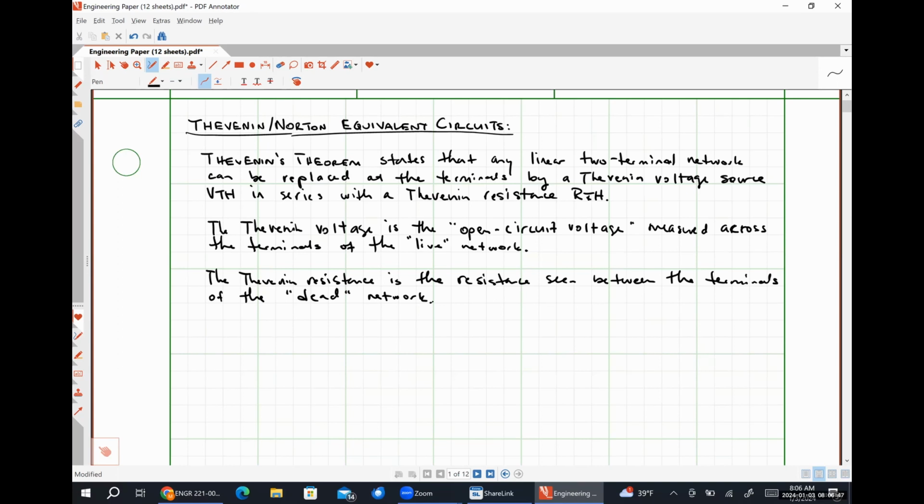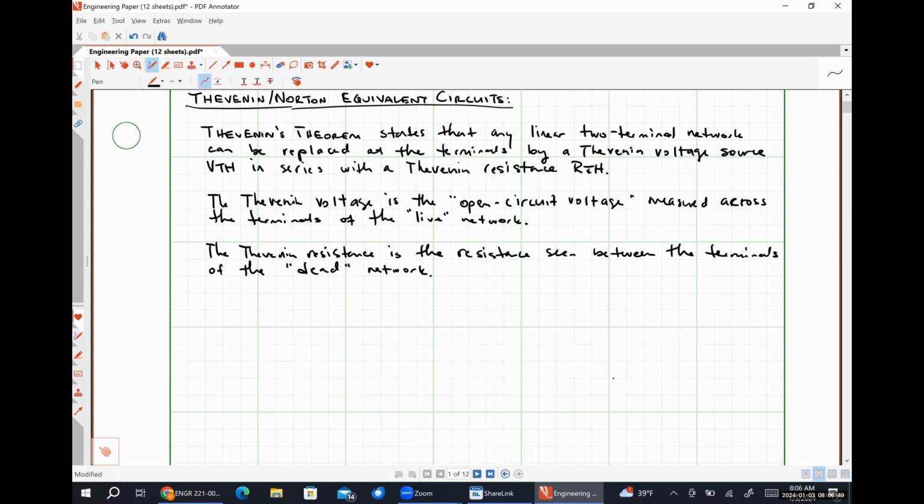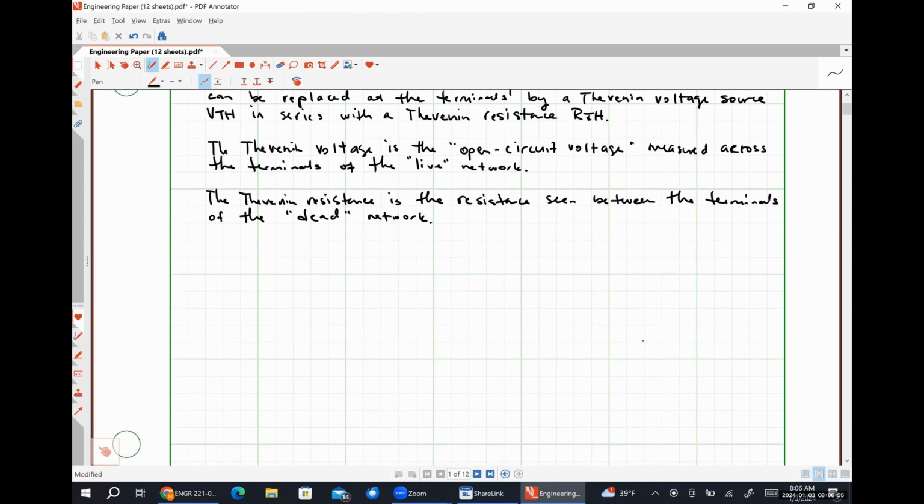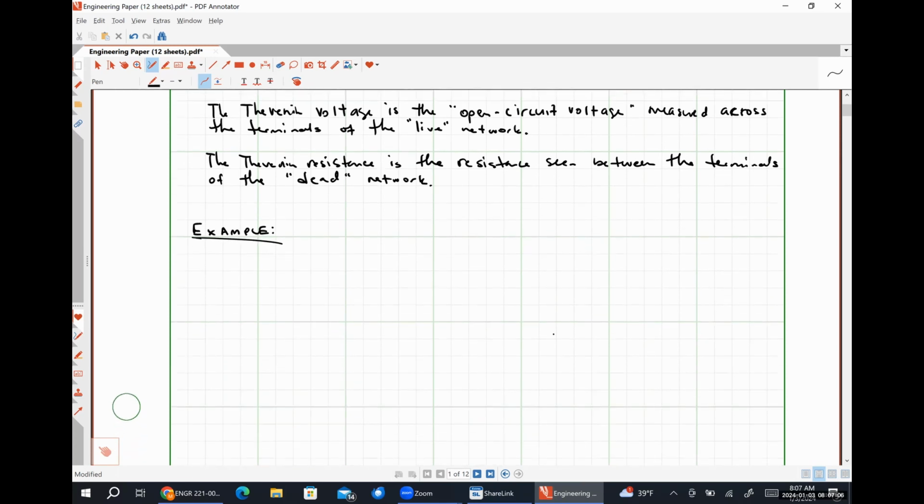So we are going to put this into practice by looking at a circuit. So this will be our circuit of interest. Let's put a 2 ohm resistor here, 4 ohm resistor here. Let's make this a 3 amp current source.